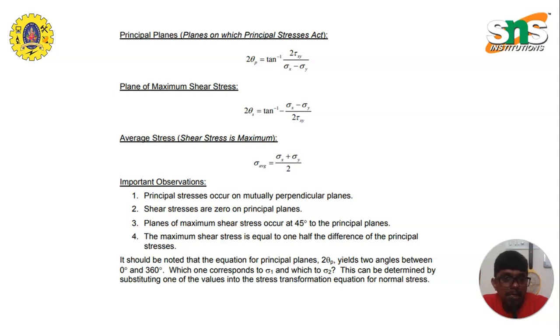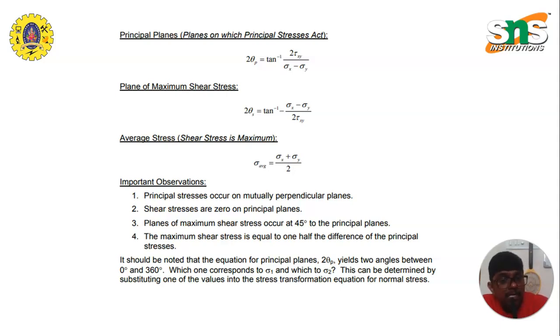By using this relation, we use the formula 2 theta p, the principal axis angle, equal to tan inverse of 2 tau xy divided by sigma x minus sigma y. In case it is the plane of maximum shear stress, 2 theta s is equal to tan inverse of minus (sigma x minus sigma y) divided by 2 tau xy.